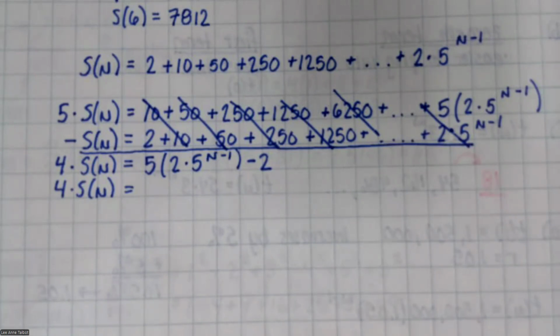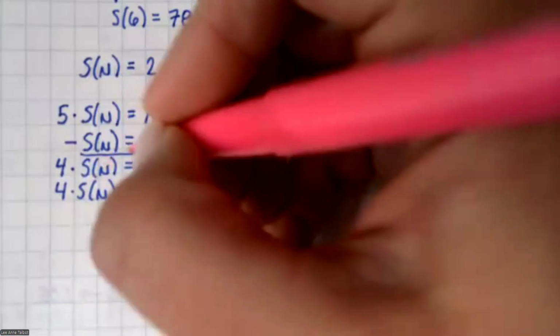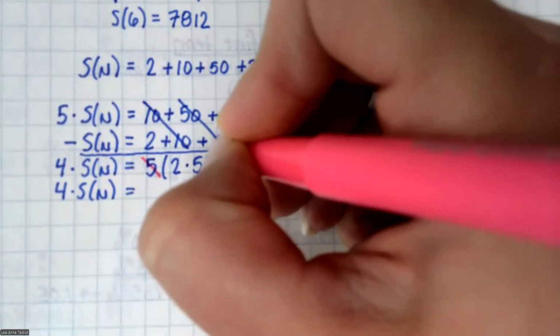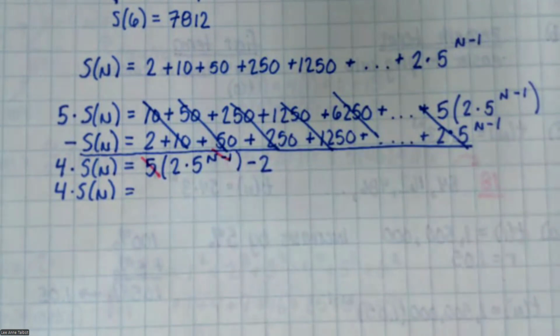You just take off the -1 on the exponent, because what I said before is that multiplying by 5 shifts the whole thing down a spot. So what we're saying is this and the -1 cancel.